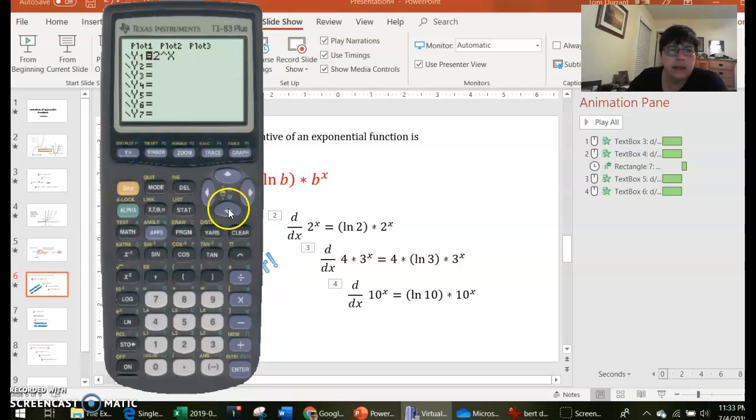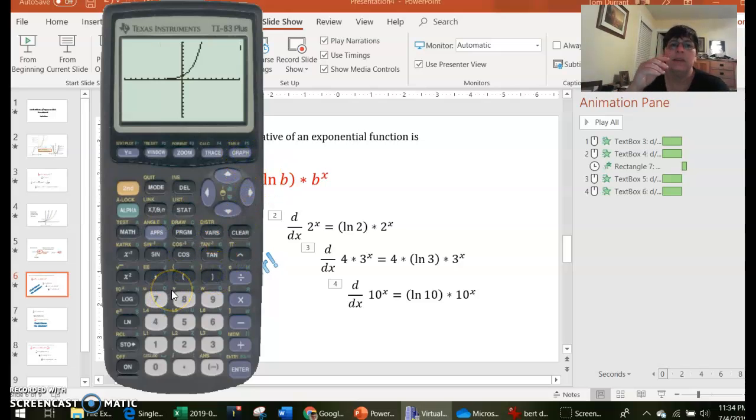Now, in here, I'm putting in the numerical derivative. Math. Because I've got the 83, I have to come down to 8. Numerical derivative of variable, y1, comma, x is the variable, and find the numerical derivative at all x's.